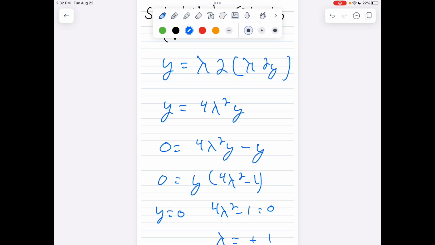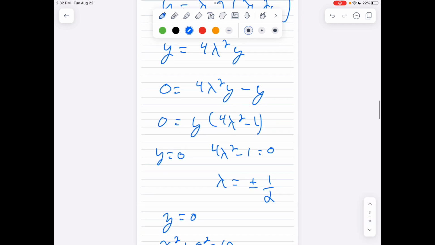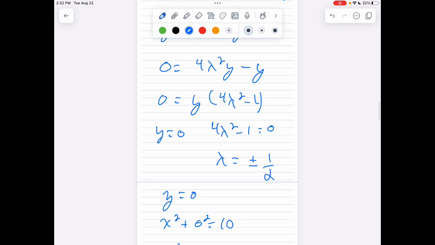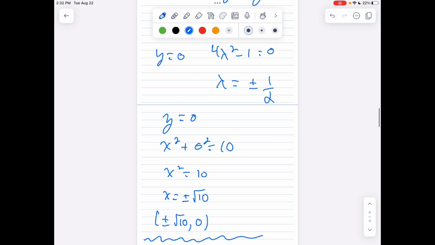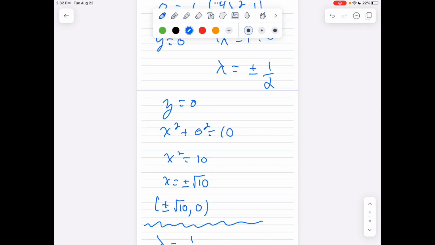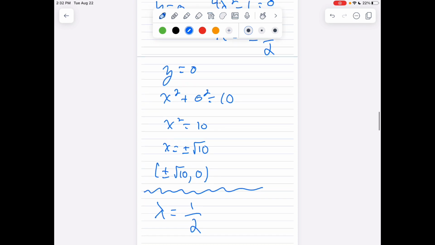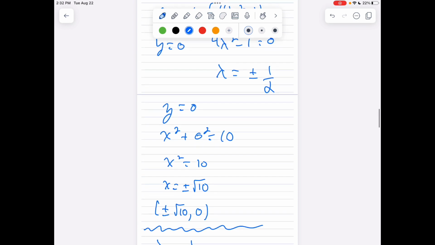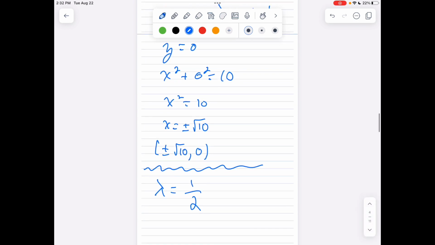And I can move that y over, so I can factor and use the zero product property, which tells me that y equals 0 and lambda would equal plus or minus 1/2. So if y equals 0, I can put that into my constraint equation and get the points plus or minus root 10, 0.